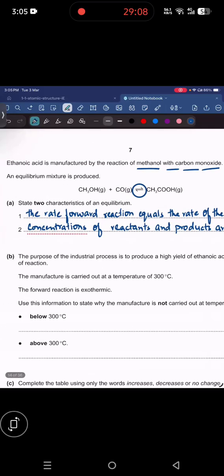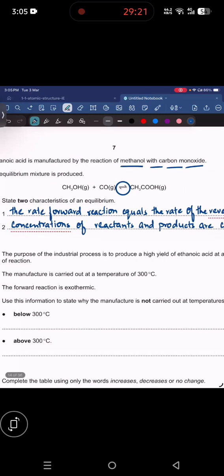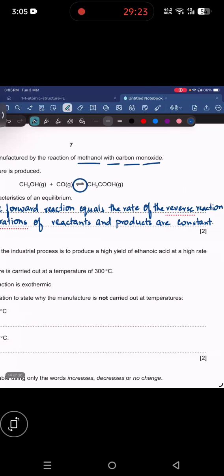Any question here? Now, the next one, the purpose of the industrial process is to produce a high yield of ethanoic acid at a high rate of reaction.